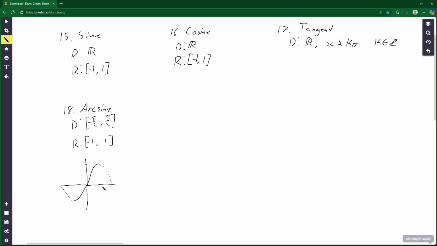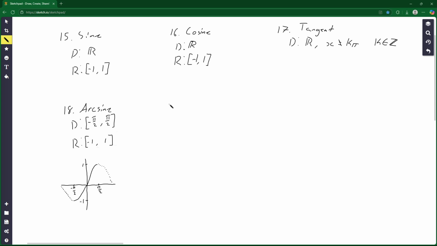Why is that? Because we have pi/2 right here, -pi/2 right here, and then we have +1 here, and -1 right here. And that's about it for arcsine.